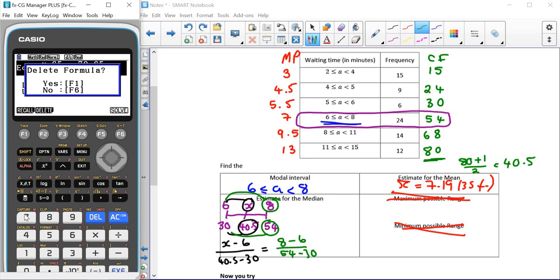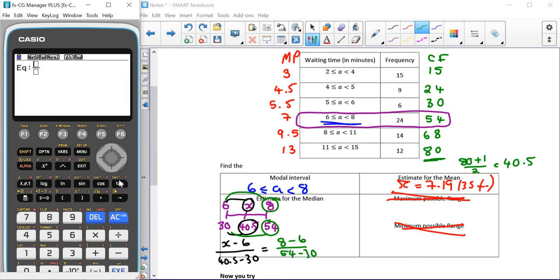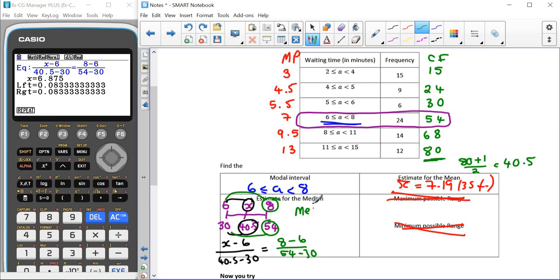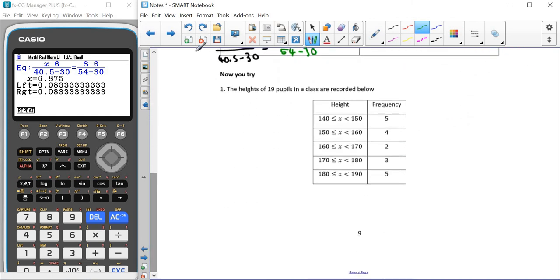Solver, delete anything you already have in there. And we're going to have x minus 6 divided by 40.5 minus 30 equals 8 minus 6 divided by 54 minus 30, and that gives us a median of 6.875.